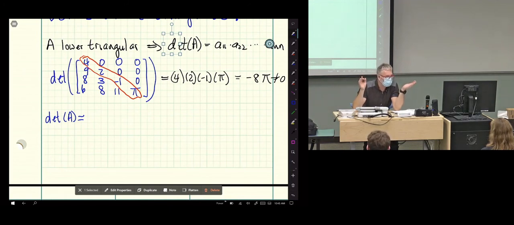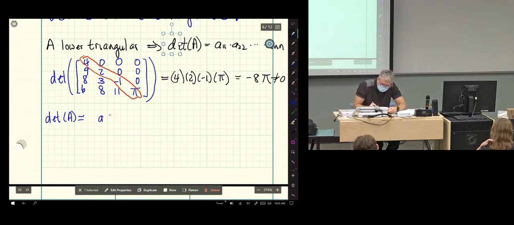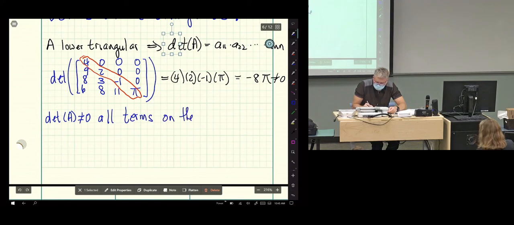We don't. We just don't care. So, determinant of A is not equal to 0 if and only if all terms on the diagonal are non-zero.